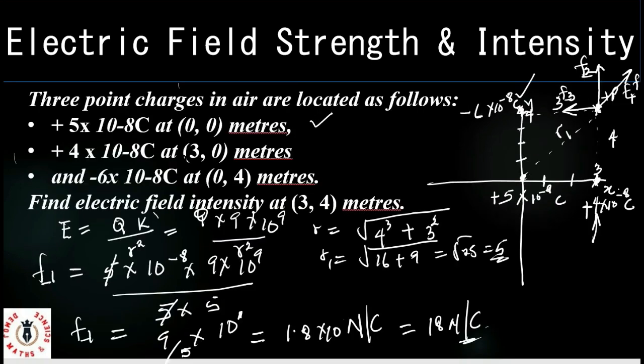Now the next thing I want us to do is redraw this, because now we have the E1, the E2, and obviously the E3. For clarity's sake, before we redraw it, we have to resolve each of the electric fields to the X and the Y axis to make resolution easy.